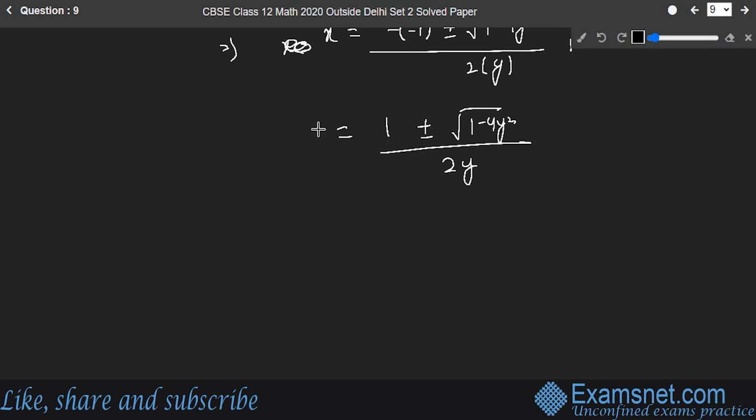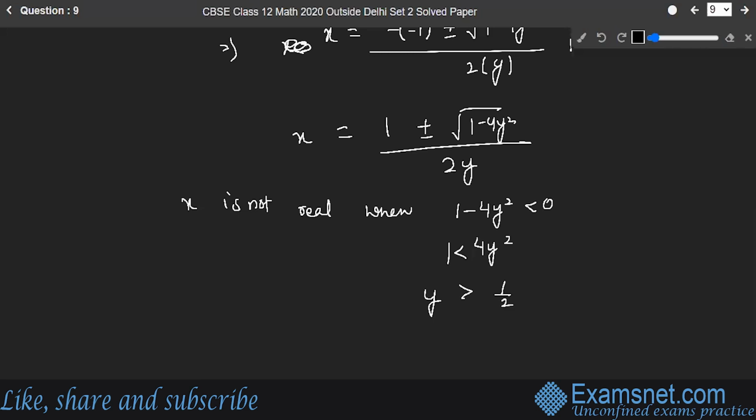See, over here, x is not real when 1 minus 4y square is less than 0, or 1 is less than 4y square, which means y greater than half or y less than minus half.